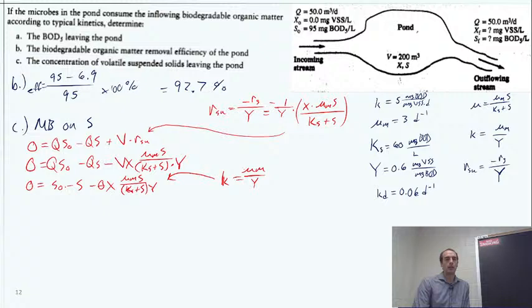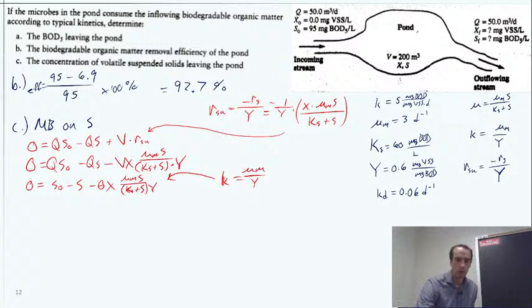That'll help. So we've just inserted these things in here. We divide by Q, we get S naught minus S. So 0 equals S naught minus S minus theta X times all this stuff. Now what you'll notice here is we can actually swap in K here, because K is equal to mu max divided by Y, so there will be a K on top here.